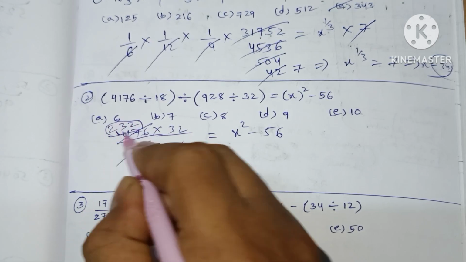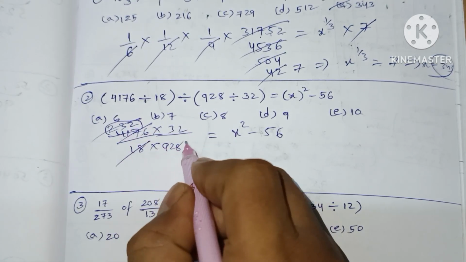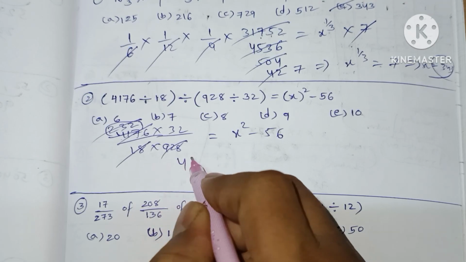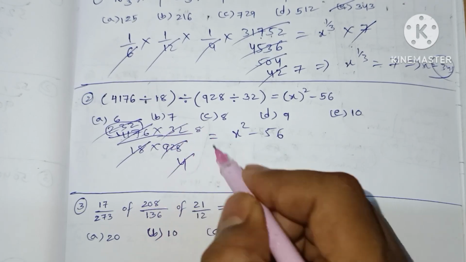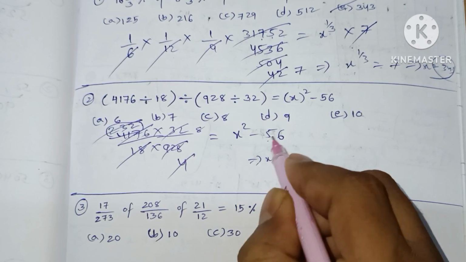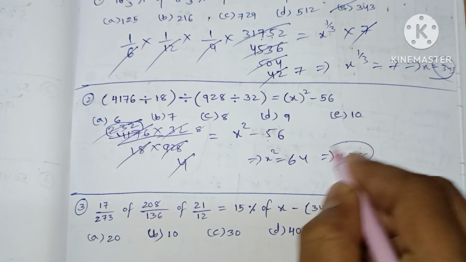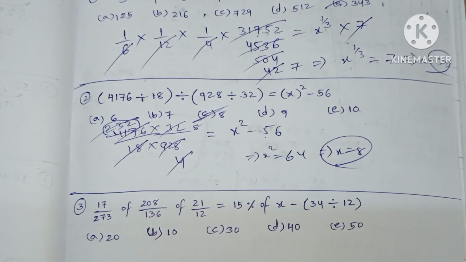So 232 into 32 by 928. 232 4 times, 4 8 times. So this comes instead with plus x square equals 56 plus 8 will be 64. So the answer x will be 8. Option C, third one.